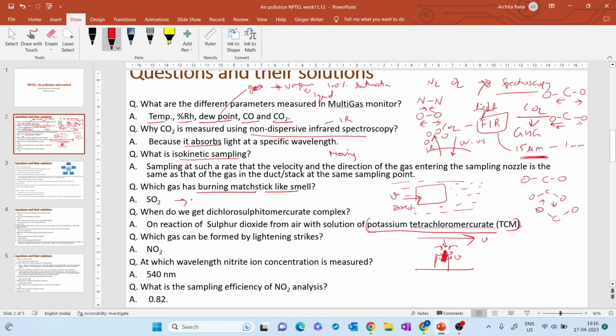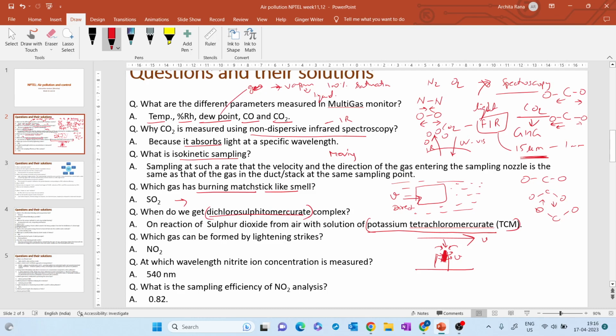Once the SO2 is compressed, it is dissolved in a solution of potassium tetrachloromercurate. Once it is dissolved, it reacts with the solution and forms something called dichlorosulfitomercurate complex. If this is formed, it means that you have sulfur dioxide in the air.